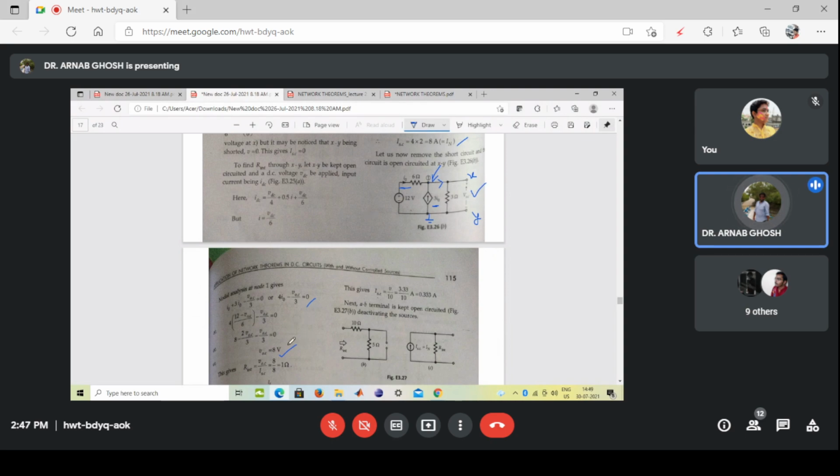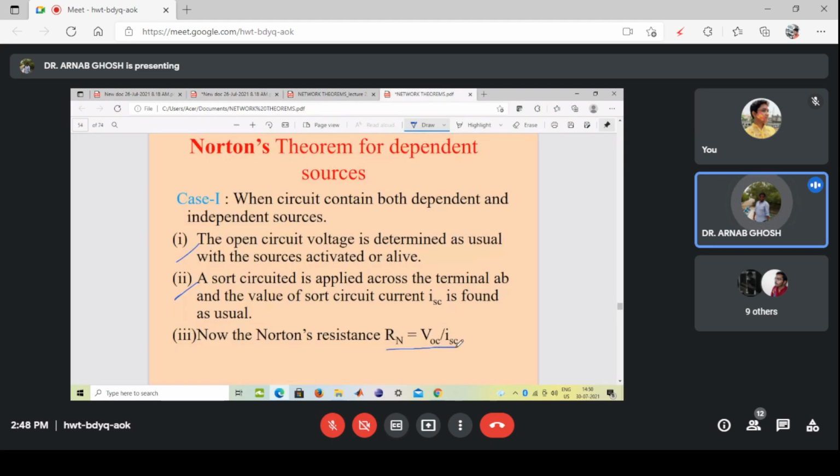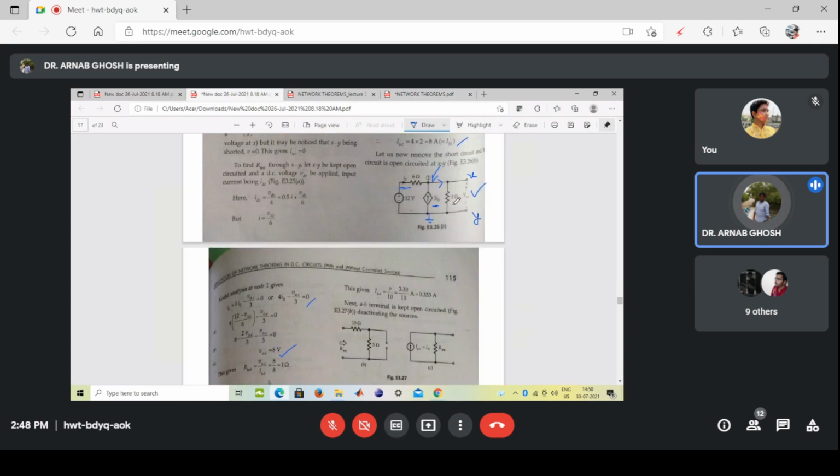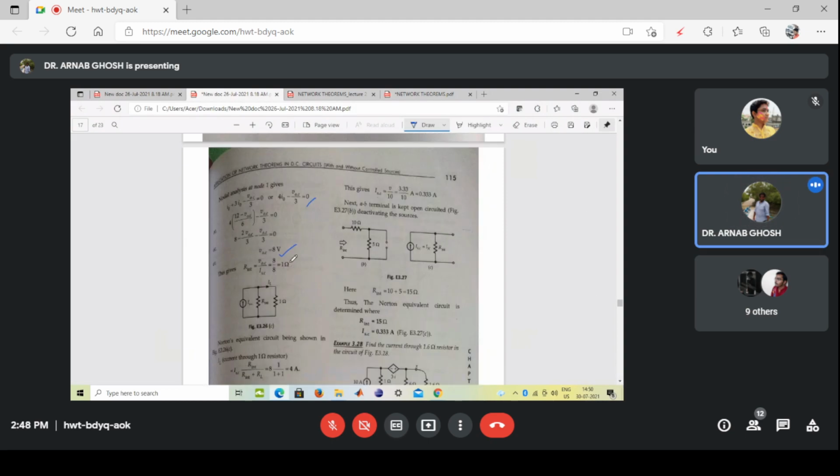Then Norton's resistance is VOC by ISC. VOC is coming out to be 8 volt, and so your resistance will be 1 ohm.